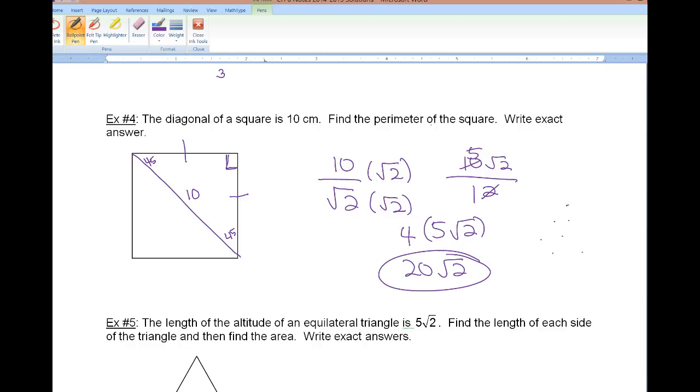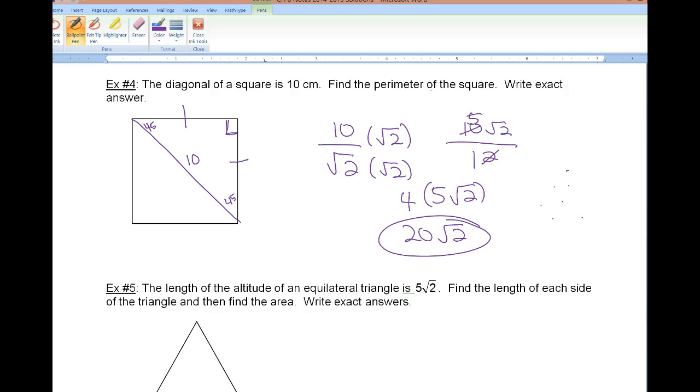Okay, Jacqueline. You got that one? Can you explain it to Jacqueline? I got 10 root 3. Okay, so the altitude is 5. That's correct. I don't know if I did the last one right.